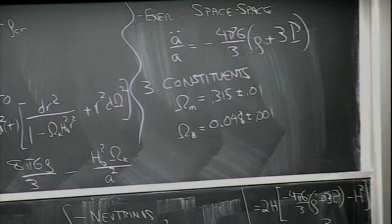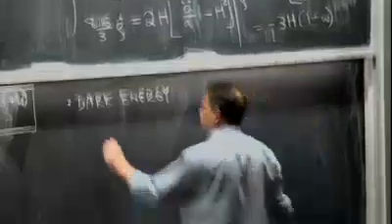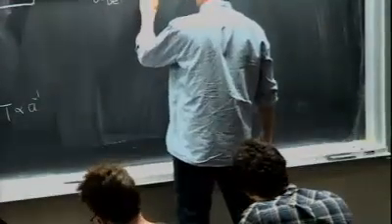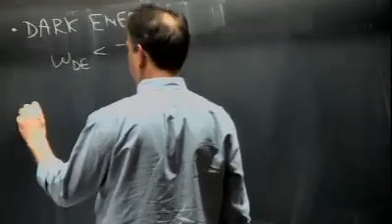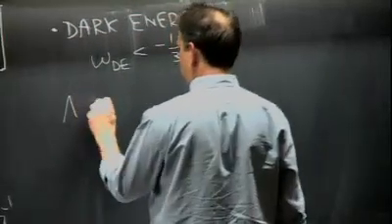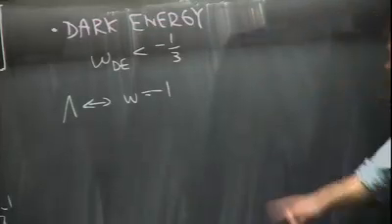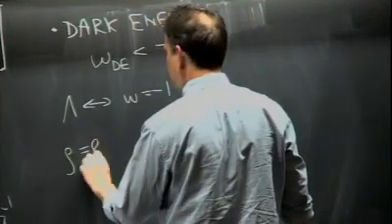So that means w of the dark energy has to be less than minus 1/3. It's very strange stuff, and you probably know that one possibility for dark energy is a cosmological constant, which corresponds to w equal to minus 1. If w is equal to minus 1, it just tells you that the energy density remains constant for all times.